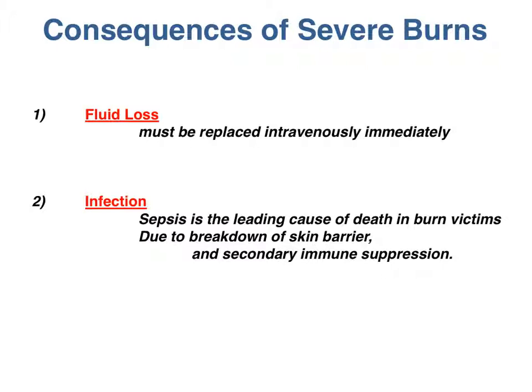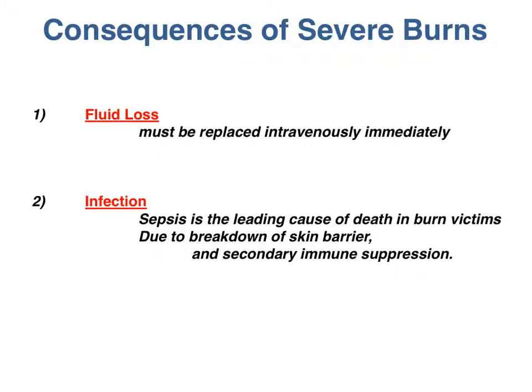And the more fluid that is lost, the less fluid there is circulating through the blood. So the heart's ability to pump blood through the body becomes impaired because there's just not enough blood volume to fill the vessels. So in severe burn patients, replacing lost body fluids is absolutely critical.